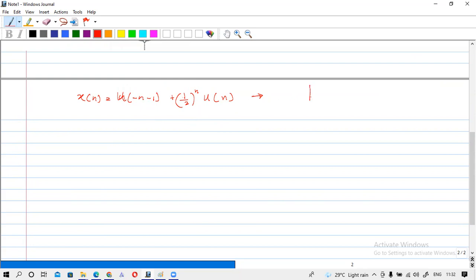For that you have to draw u[-n-1] first, then draw (1/2)^n u[n], then add them together and find the resultant function. That is the composite discrete signal.